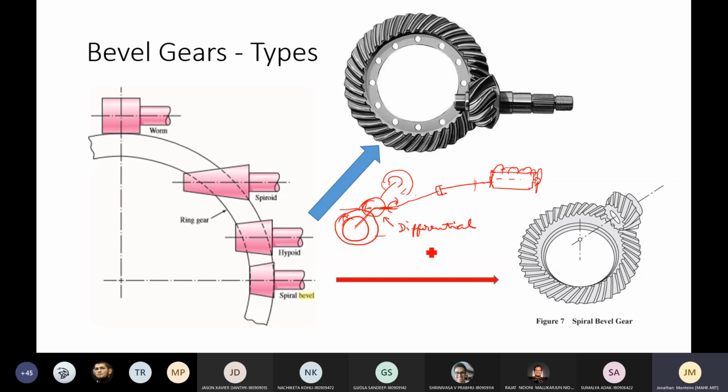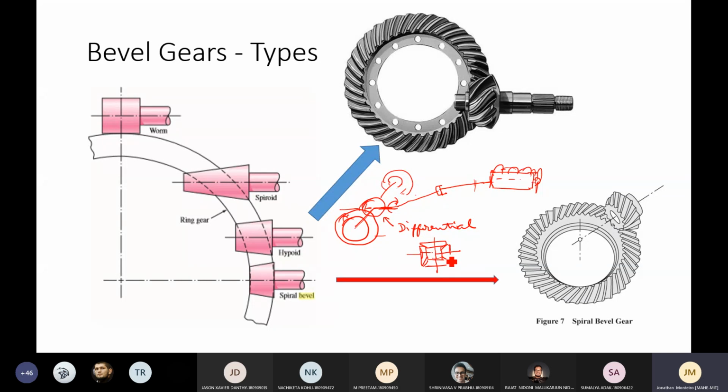The differential consists of planetary gears. If you look at its construction, there will be 1, 2, 3 and 4 different gears that are mounted in close proximity. So whenever this speed difference is required, the rotational difference is required, the gear ratio difference is required, these gears will self-rotate and adjust within themselves in such a way that positive transmission is maintained even though the speeds between them are different.